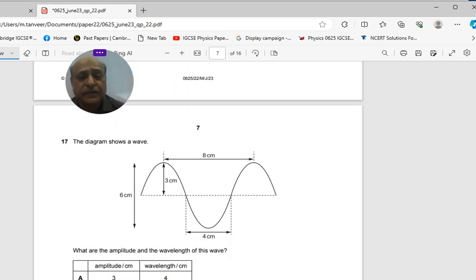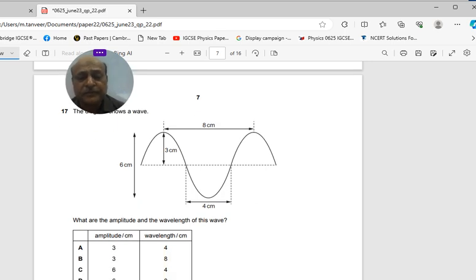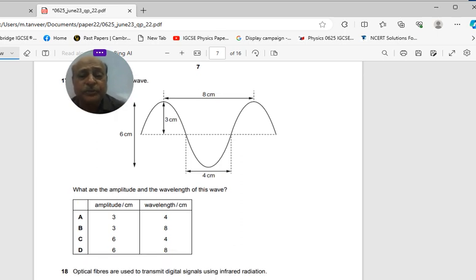Question number 17. The diagram shows a wave. What is the amplitude and wavelength? Amplitude is the maximum displacement from the normal position. The maximum displacement is 3 centimeters, so 3 centimeters is correct. Now there are two options about wavelength. Wavelength is the distance between consecutive crests or consecutive troughs.